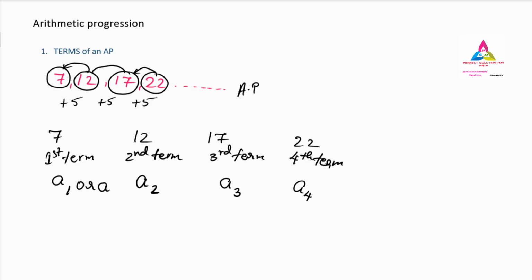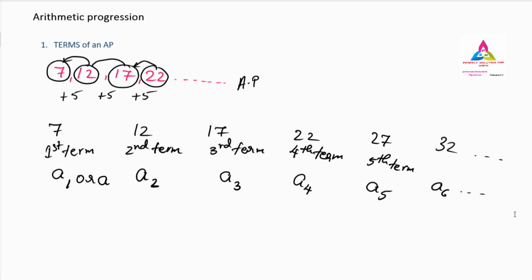If you have the next number, for example 27, that is the fifth term, written as A5. Similarly, if you have a further number 32, then it is A6, and so on.